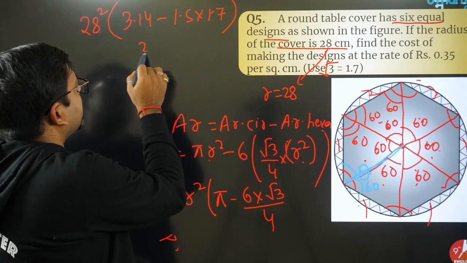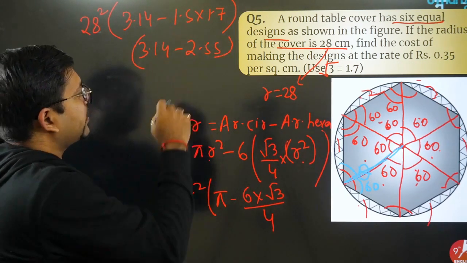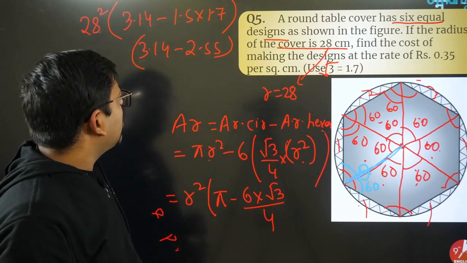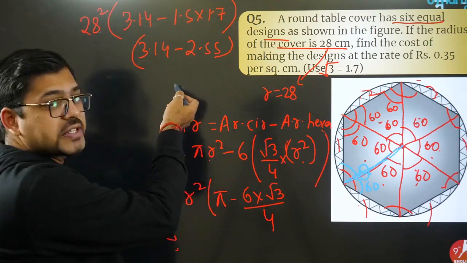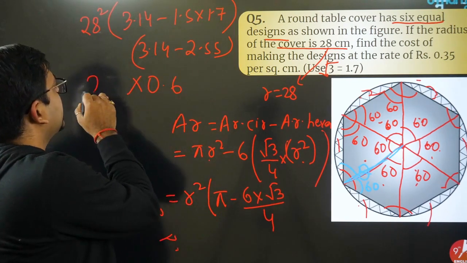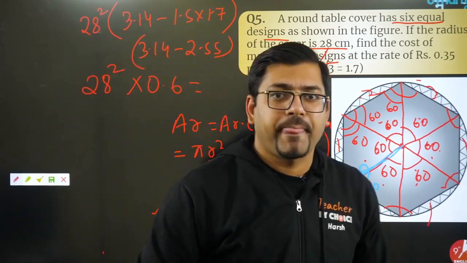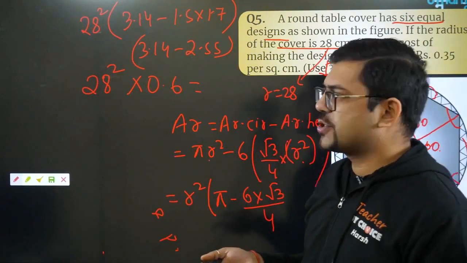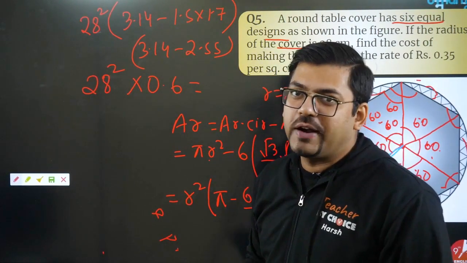So this is 3.14 minus 2.55, which is around 0.59. I'll take a round figure 0.6. So 0.6 into 28 square. You have to calculate this and then you'll get the answer. I know the calculation is not so happy, but what we can do, you will have to do this.